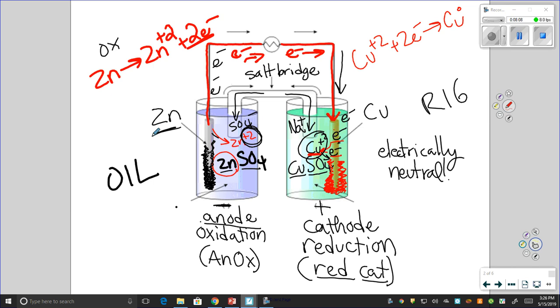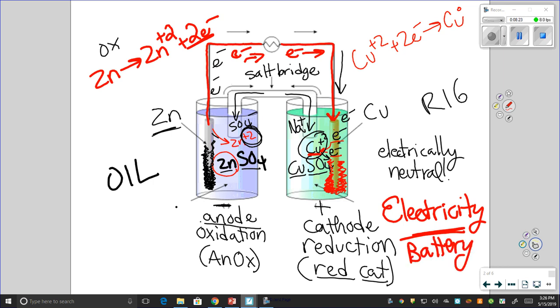So that is our voltaic cell. When it is running, we generate electricity. A voltaic cell is a battery. That is the basics on a voltaic cell and how a voltaic cell works.